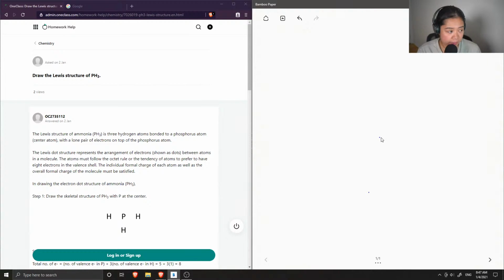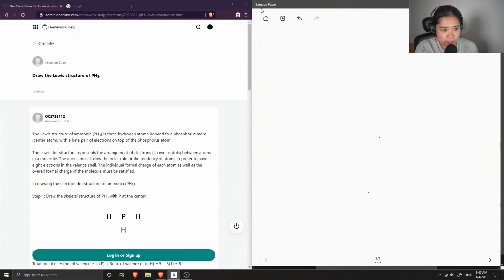Okay, so question 1 is to draw the Lewis structure of PH3. So this is phosphine. And when we want to draw out Lewis structures, the first thing I want to do is to find the total number of valence electrons in the molecule.